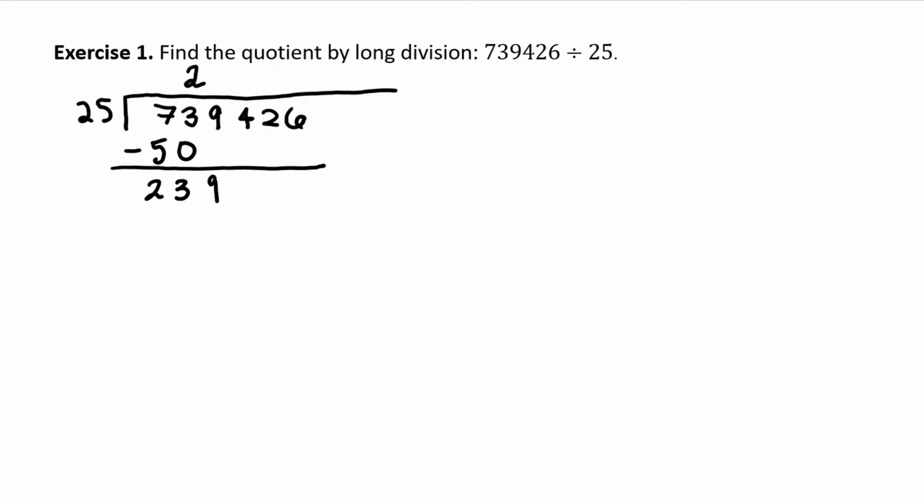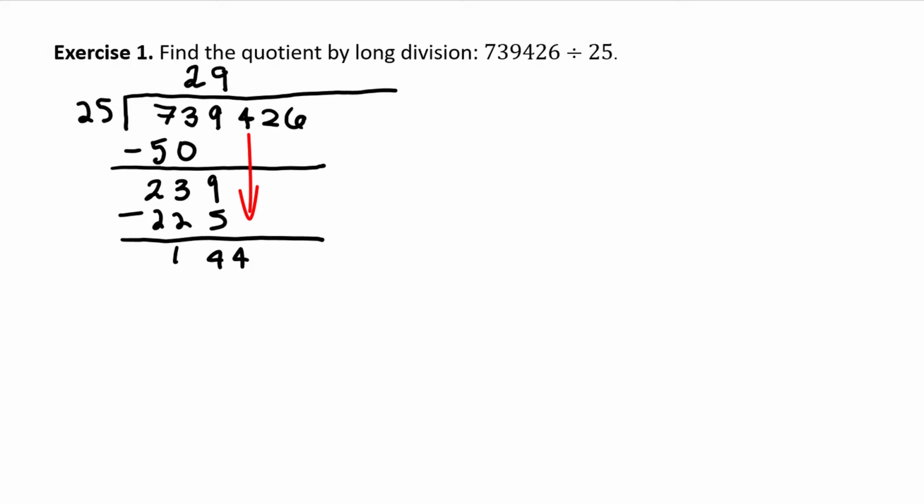I get that to be 9, because that's $2.25, 9 quarters. So I will subtract 225. The difference of 239 and 225 is 14, and let's drop down the 4.